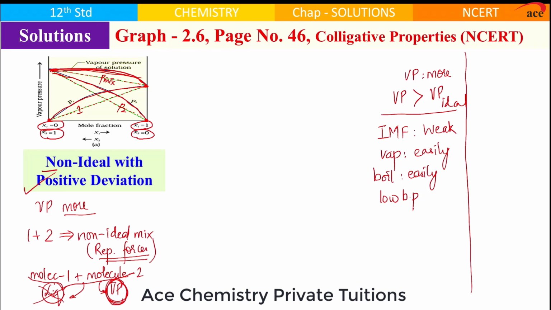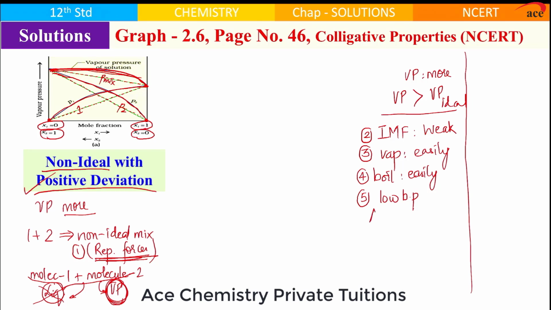So, a non-ideal mixture with positive deviation has repulsive forces. One conclusion: intermolecular forces are weak, or you can call them repulsive. They form vapors easily. That means their vapor pressure is more. And they will boil easily. That means they will have low boiling point.